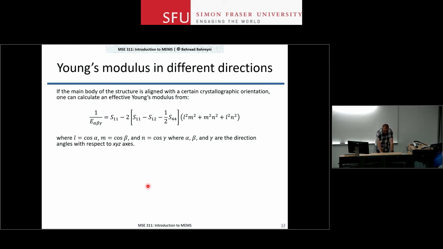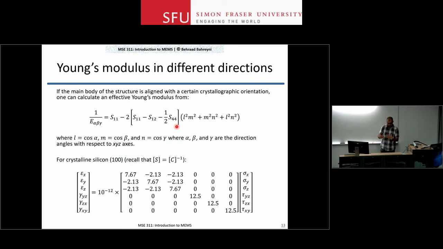So S11, S12, and S44 are the elements of the compliance matrix for silicon. They correspond to the inverse of your stiffness matrix that had C11, C12, and C44 in it. You invert that matrix and you get S11, S12, and S44. They are given for different materials. For silicon, these are the numbers that you can use.